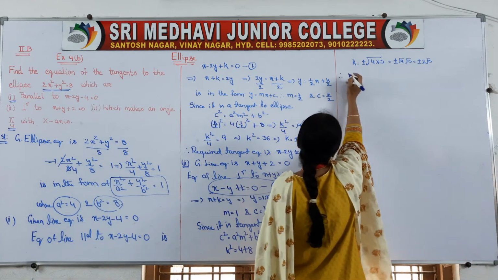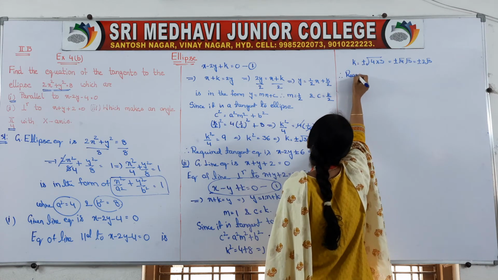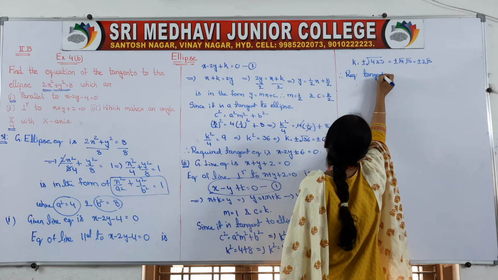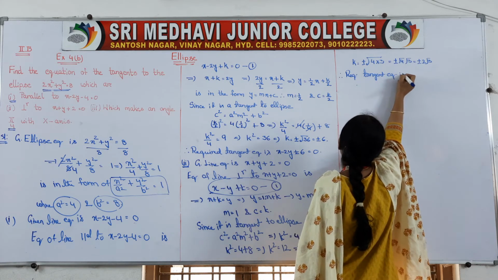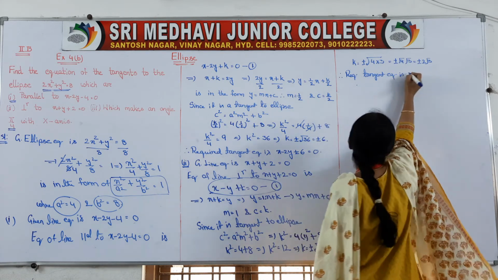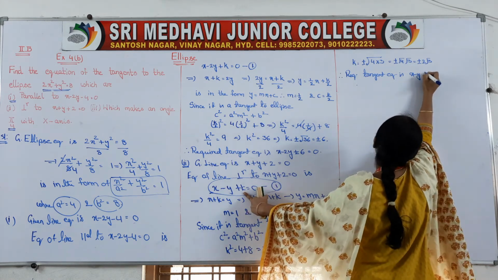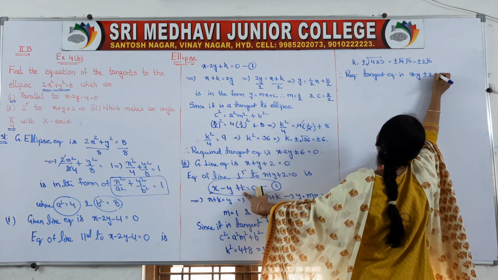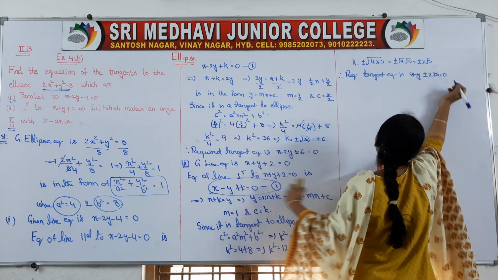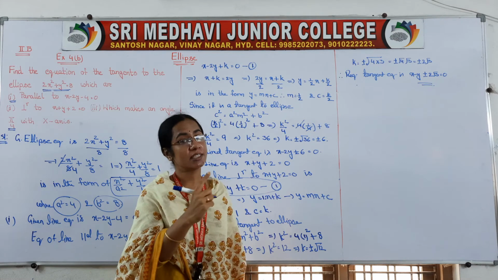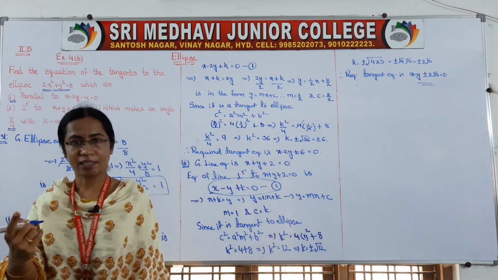Therefore, the required tangent equation is, what is that? x − y + k, that is ± 2√3 = 0, is the required tangent equation for the second bit, right.